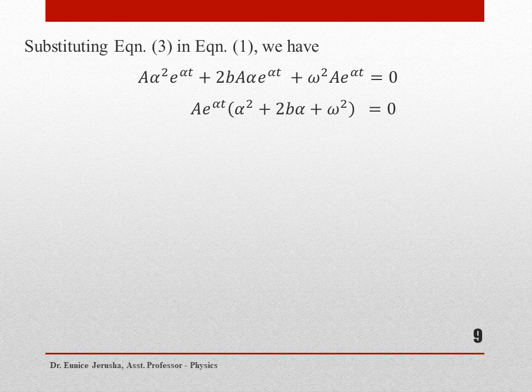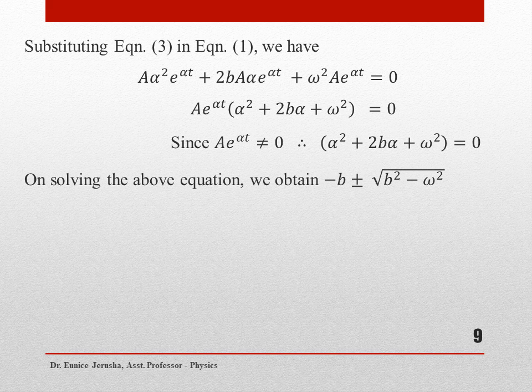We all know that a e power alpha t, which is the displacement small y, cannot be equal to 0. Therefore, alpha square plus 2b alpha plus omega square is made equal to 0. You can very well see that this equation is a quadratic equation in alpha, and therefore we can find out the roots of this particular equation.